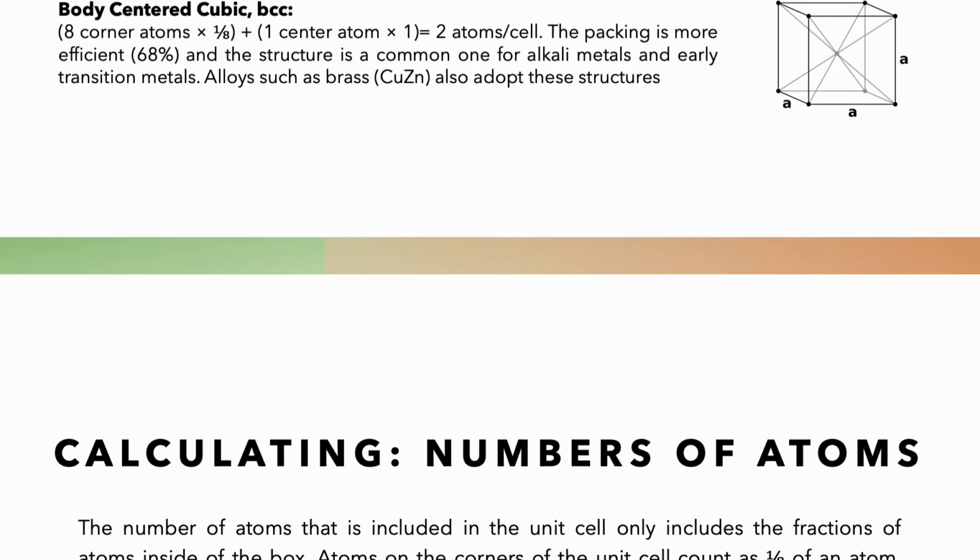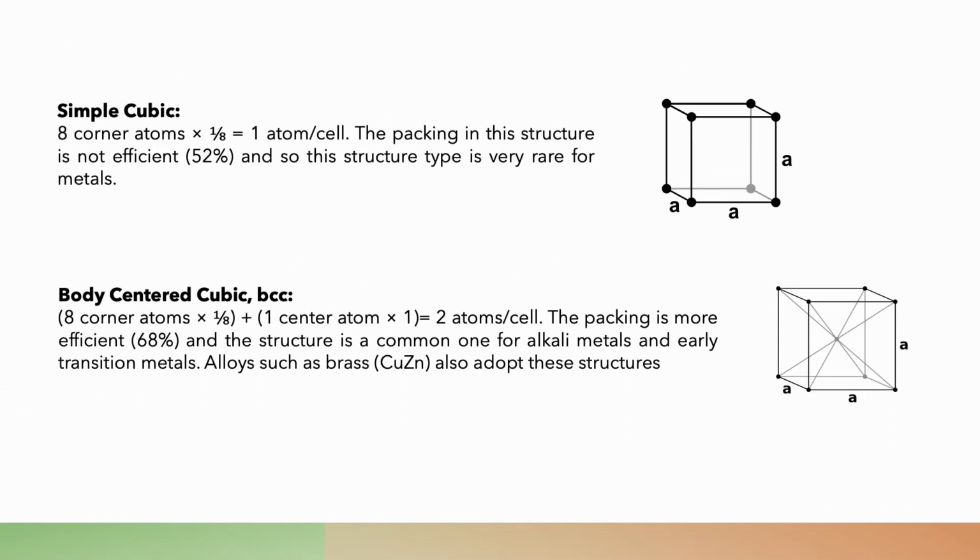Simple cubic. 8 corner atoms multiplied by 1/8 is equal to 1 atom per cell. The packing is not efficient, 52%, and so this structure type is very rare for metals.